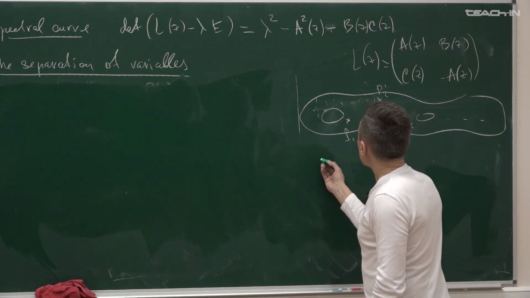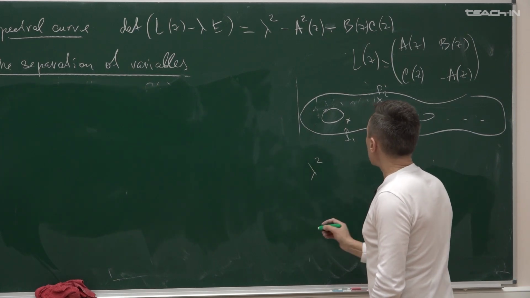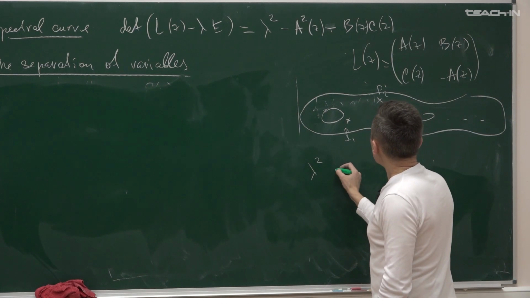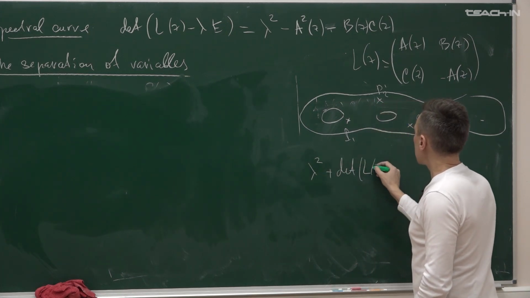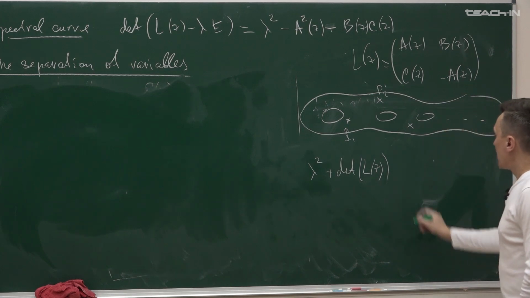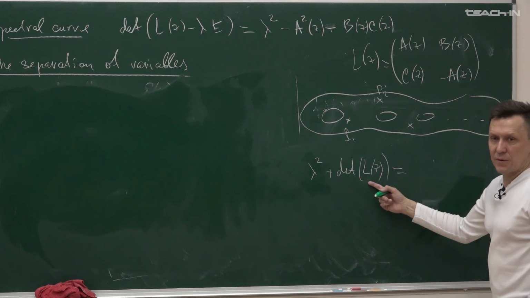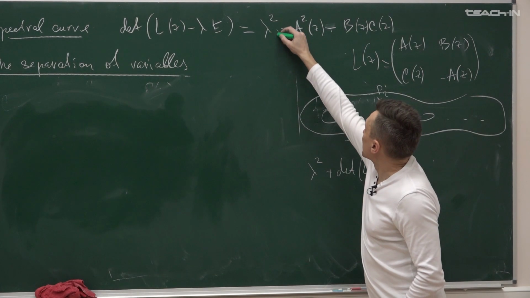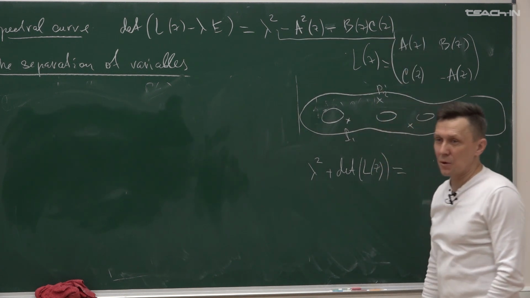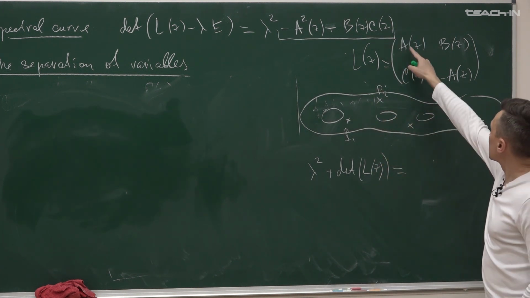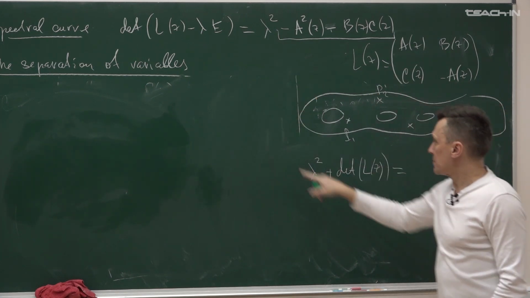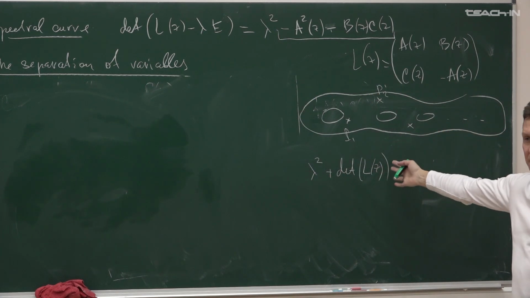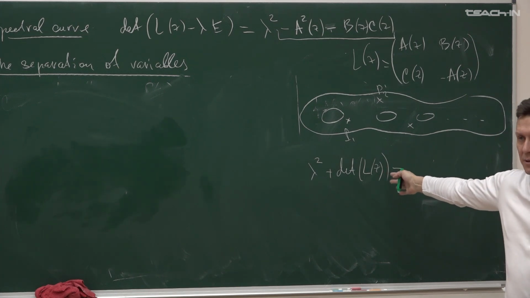It is lambda square plus the determinant of L of z, and this is a rational function on z. This is just the determinant of our Lax operator. The fact that it is traceless gives this minus. Okay. So it's just a characteristic polynomial of our Lax operator.